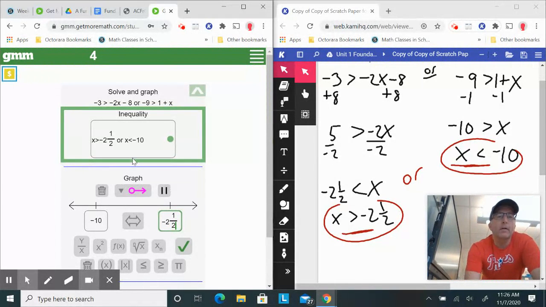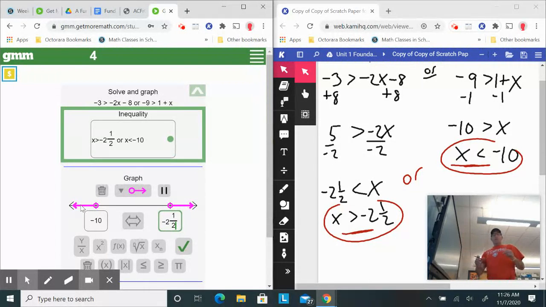Now you have to look at an or statement. I want all the numbers that are greater than negative 2.5, not equal to, so I want to unshade it. So negative 2.5, anything greater than that. Or I have all the numbers that are less than negative 10, but not equal, so I'll leave that unshaded. I want everything less than negative 10. So that looks like this.